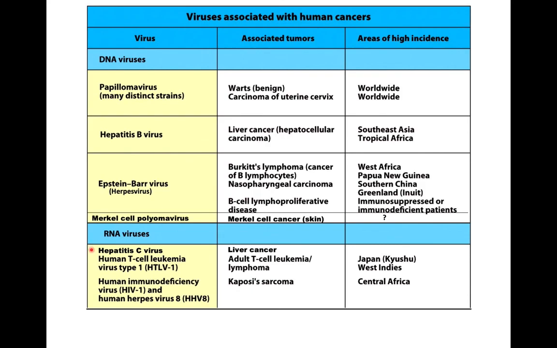And then for our RNA viruses, we have hepatitis C, which causes liver cancer. Human T-cell leukemia viruses, there are two of those, HTLV1 and 2. These cause adult T-cell leukemias, but we mostly see them in Japan and in the West Indies. We don't see too much of that in the United States.